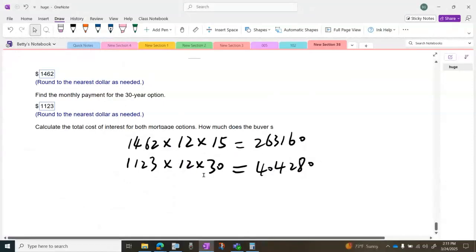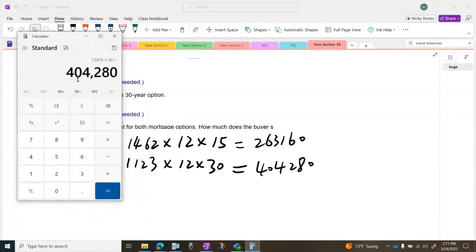So you see the difference, right? You don't have to worry about money coming back. The difference is the money going out. So let's take the difference of those two values, the bigger number minus the smaller number. 404,280 minus 263,160 is 141,120.